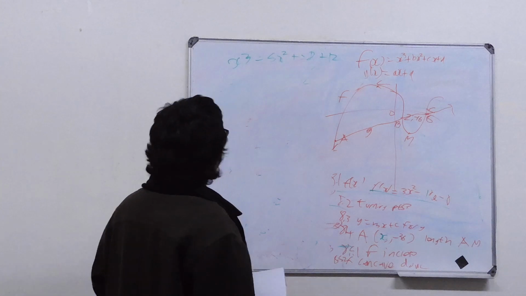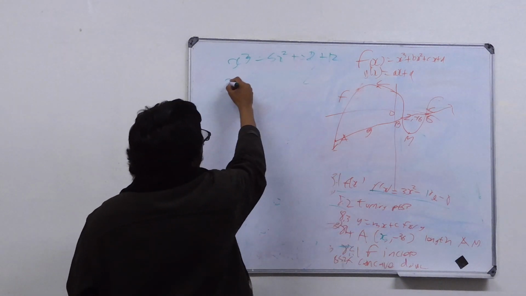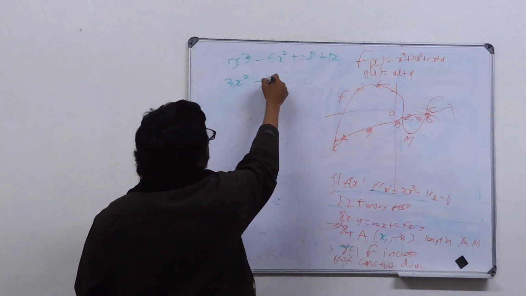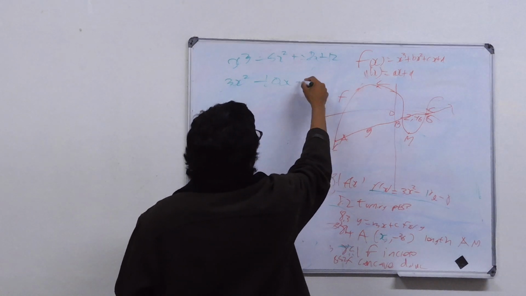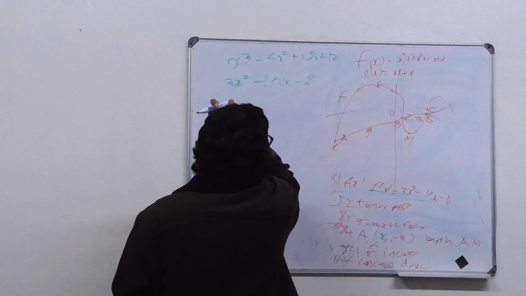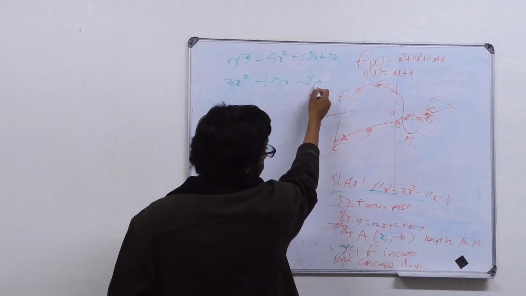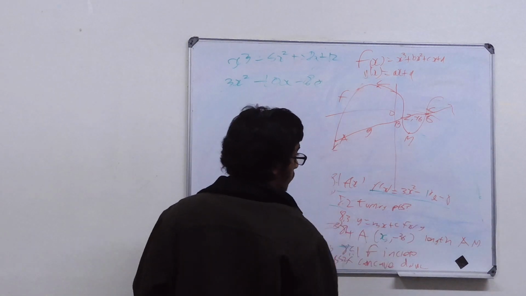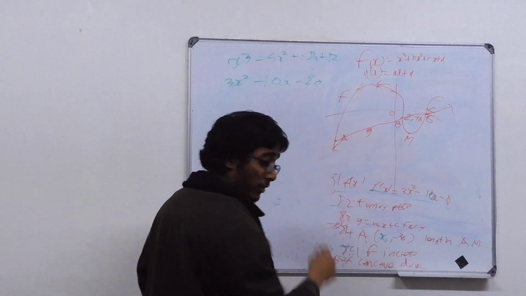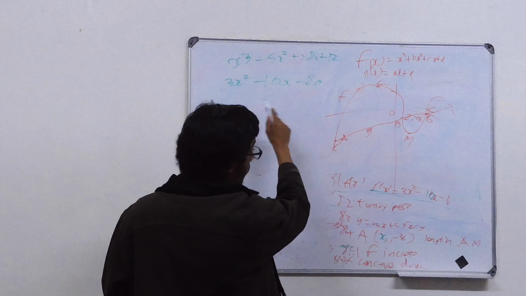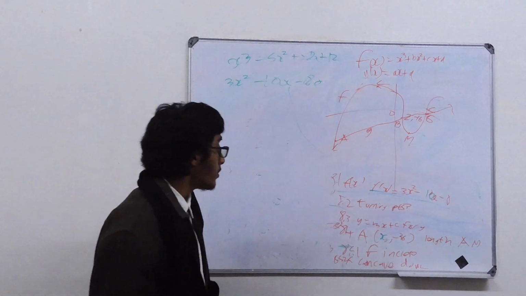So first things first, this becomes 3x squared minus 10x, and then that's minus 8x. Oh, that is a 0, not an 8. My handwriting's not the neatest. So anyway, that's the first question done, ma'am.